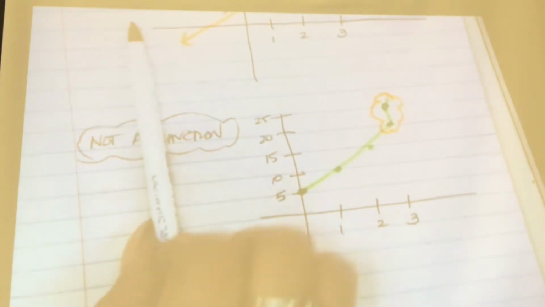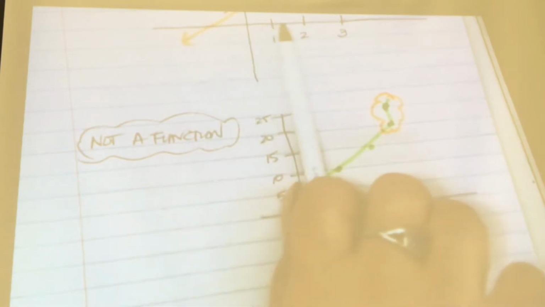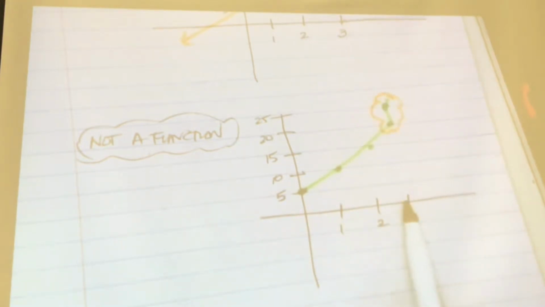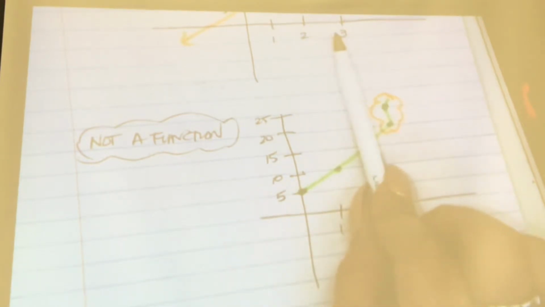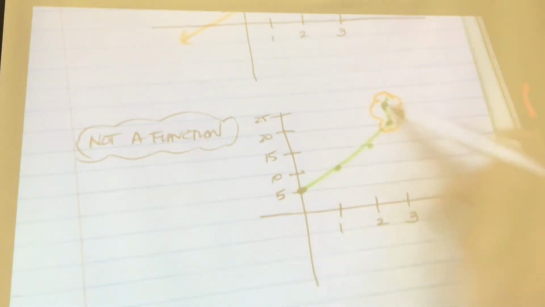If I take my pen and run it across my function, and it hits my pen twice at the same instance, which means for every x value there's a multiple incidence, then it is no longer a function. If it passes my pen more than once, which it does right here, doesn't it hit my pen twice right here at 3? Then it is not a function, because now my y values have repeated.